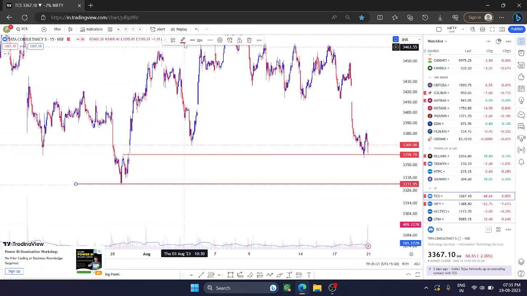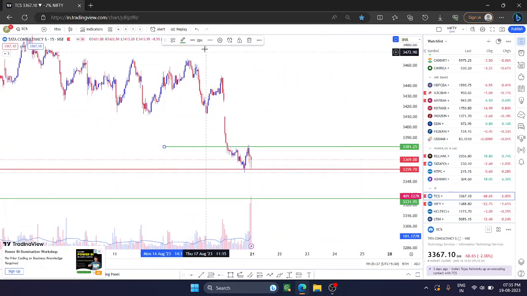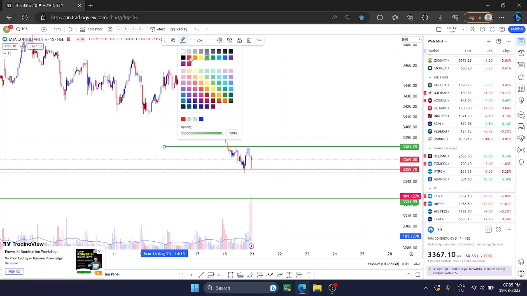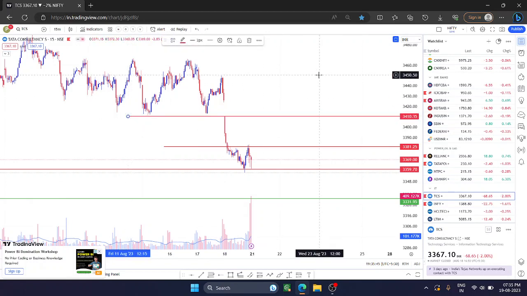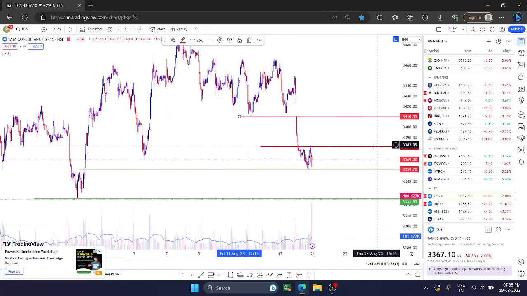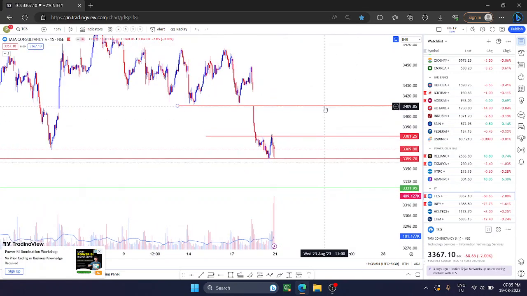This is the level for TCS, and similarly the resistance area will be 3380. If it breaks that level, the next target we can get is around 3400 to 3410 technically. So above 3380 we can plan for long, and 3410 will be our target.